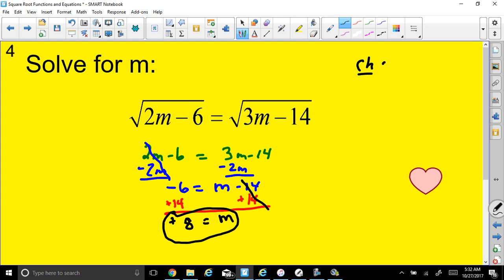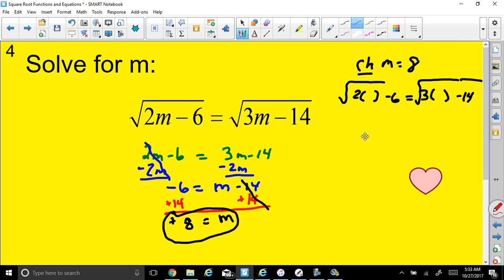So we said m is equal to 8. So let's get our square root. 2 times m, minus 6 is going to equal the square root of 3 times m, let's put parentheses around that, minus 14 underneath the radical sign.